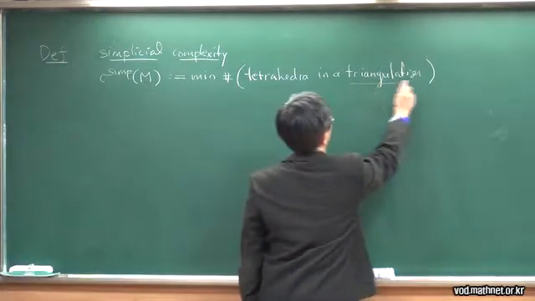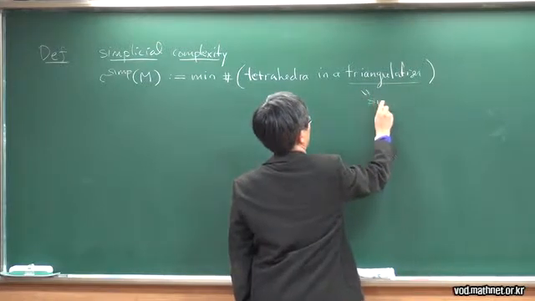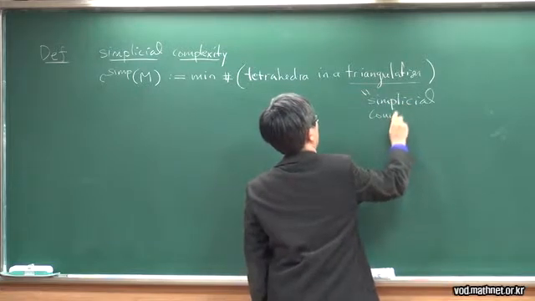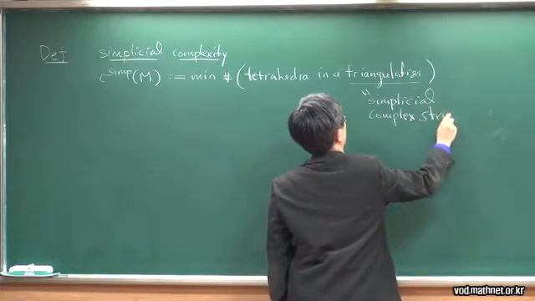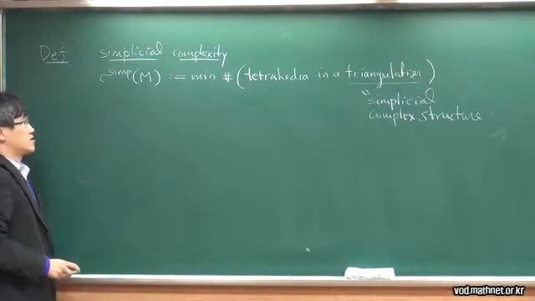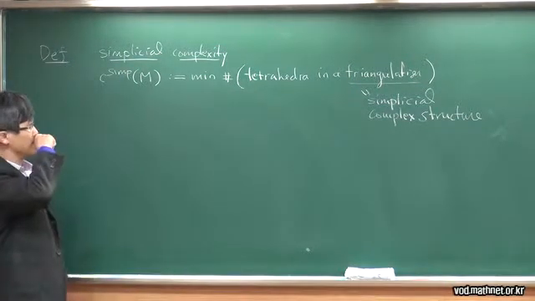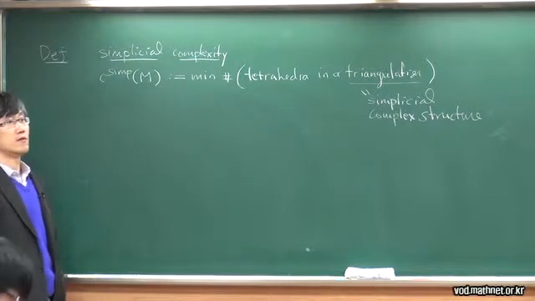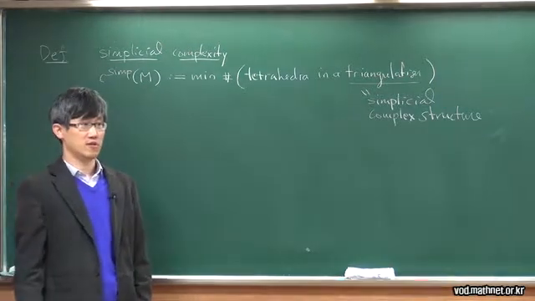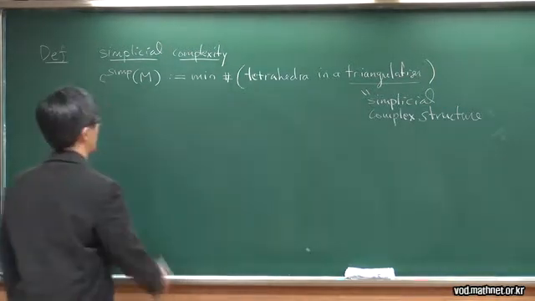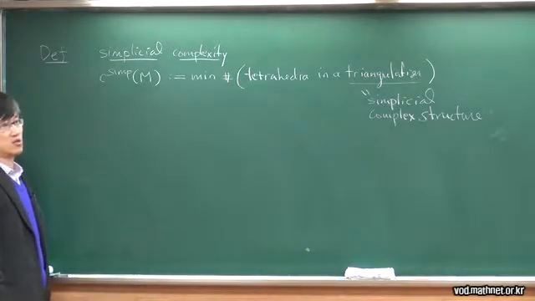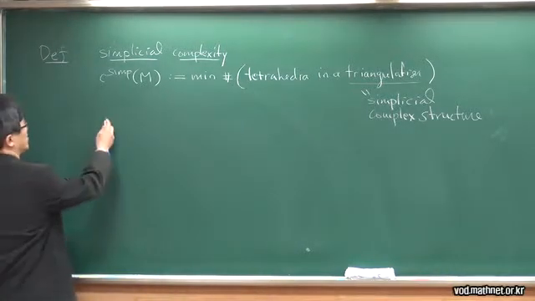A triangulation here is just a simplicial complex structure. It's natural to think about. M is always closed in this talk, so everything's compact, and the triangulation is just a standard simplicial complex structure as in elementary algebraic topology.